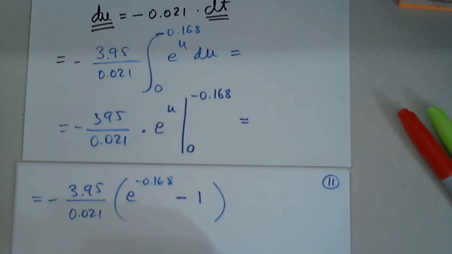Now I have to approximate all this. Careful how you enter it in the graphing calculator. I'm going to share my screen just to make sure it's clear how to enter it. Negative 3.95 over that should be in parentheses.